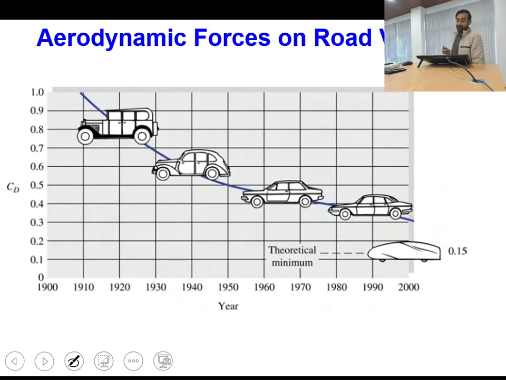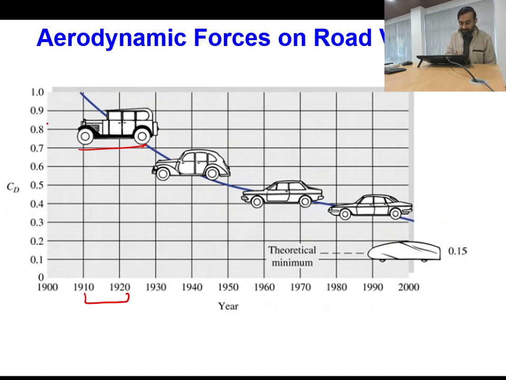Then this is a typical representation of the aerodynamic forces acting on road vehicles. You can see how this evolution has taken place year by year. Close to 1910 to 1920, this is how the shape of road vehicles used to be, and the corresponding drag coefficient was very high, about 0.8.